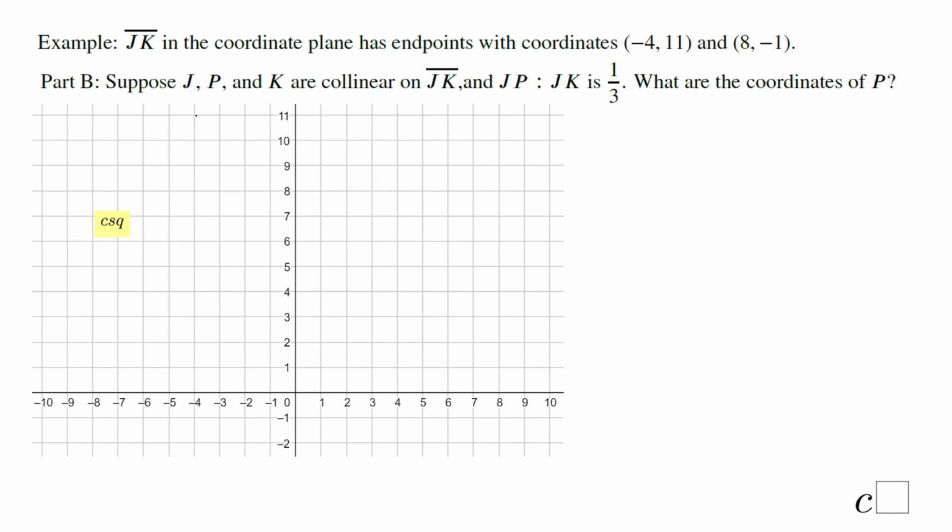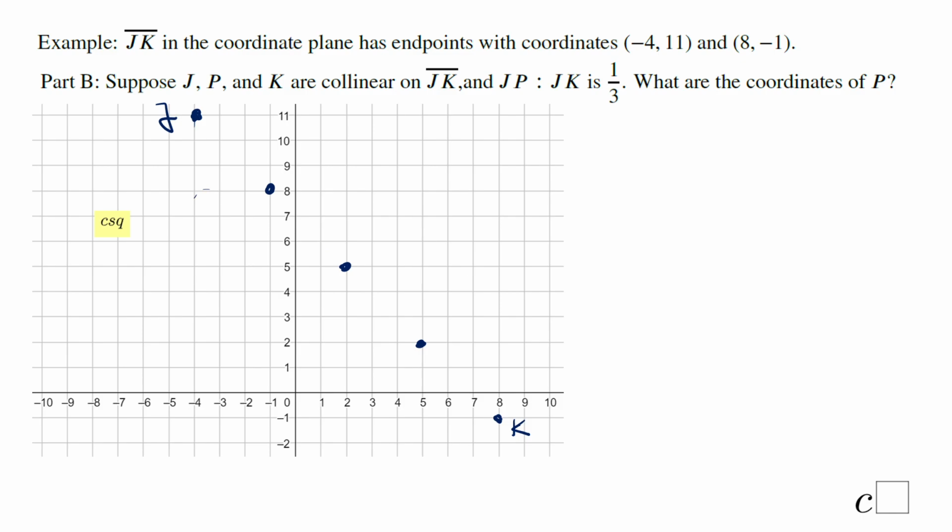We already did this work, so I'm going to move a little bit faster. J, K, hopefully I'm not going to miss it. If you remember, we did it 3 and 3. Hopefully you have it on your graph paper. 3 and 3 already, and 3 and 3. These are the points, right?